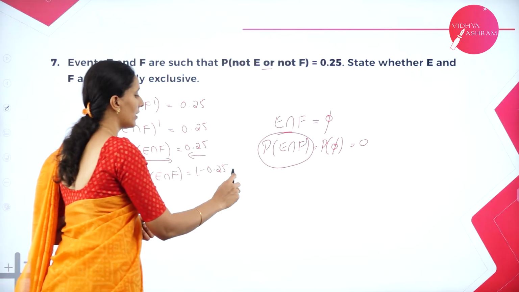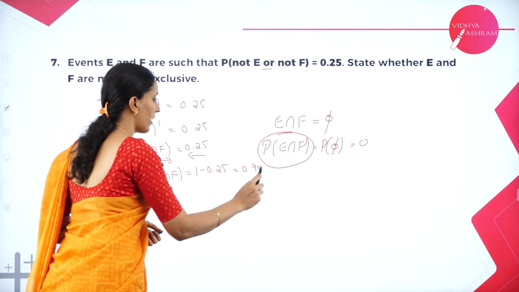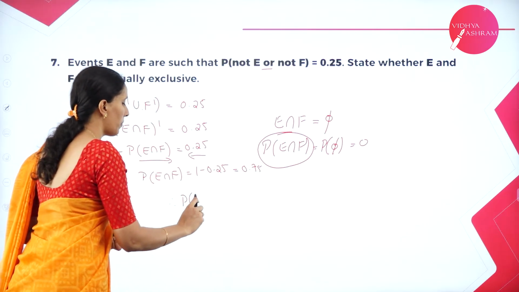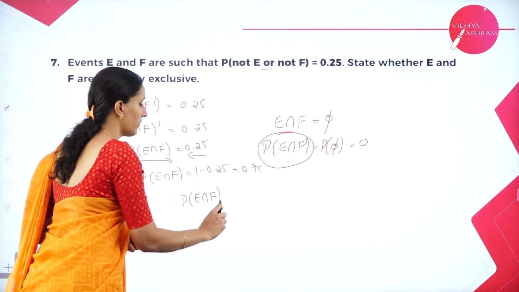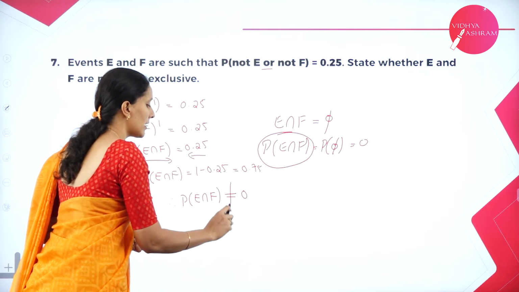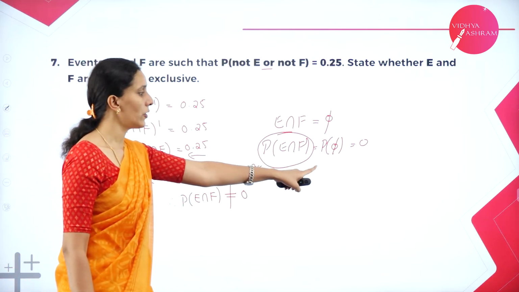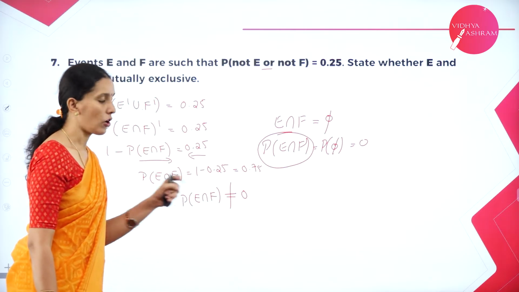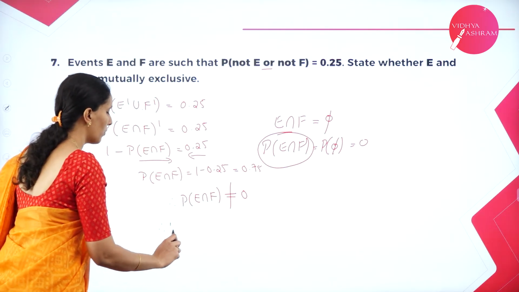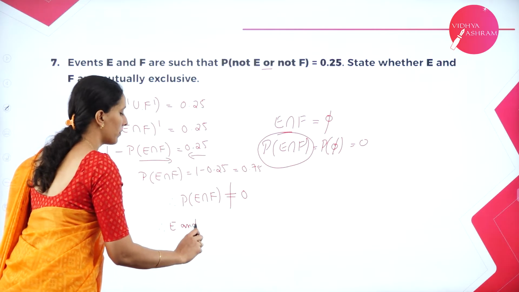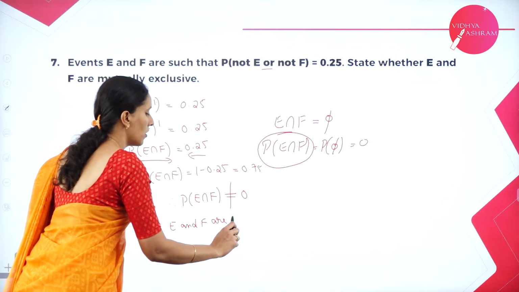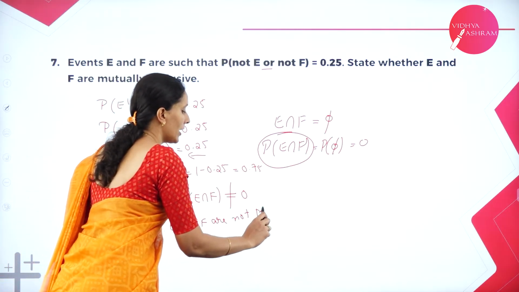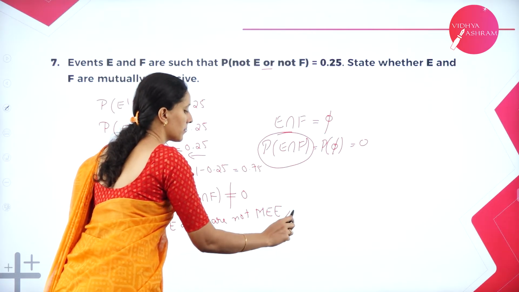So we get the value 0.75. So here probability of E intersection F is not 0. It has to be 0 when you say it is mutually exclusive, but it is not equal to 0 here. Therefore, E and F are not mutually exclusive events.